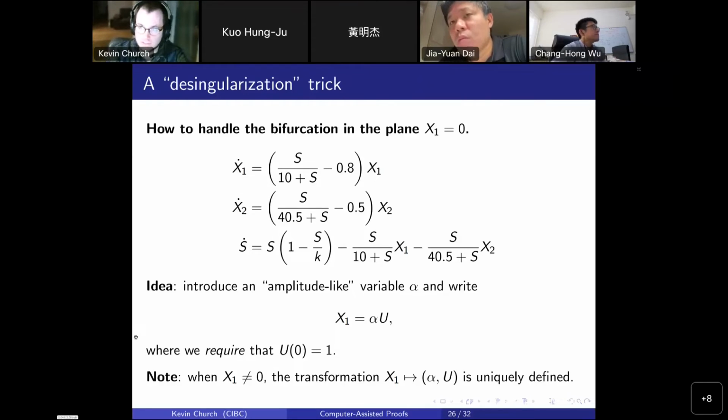That's one reason that this is a little bit difficult.